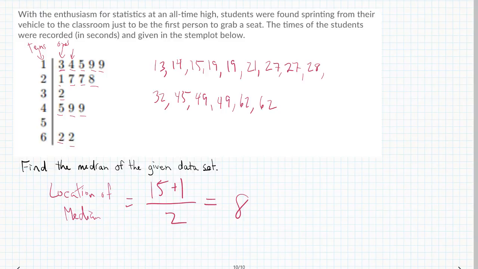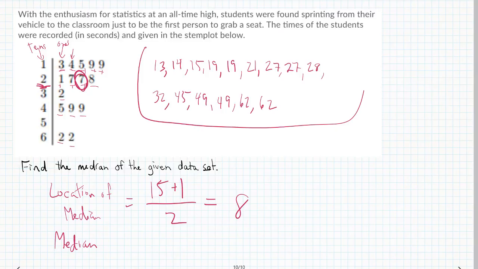I could just count from here: 1, 2, 3, 4, 5, 6, 7, and 8. So that's going to be our magical number. So the median equals 27, and this should be seconds.